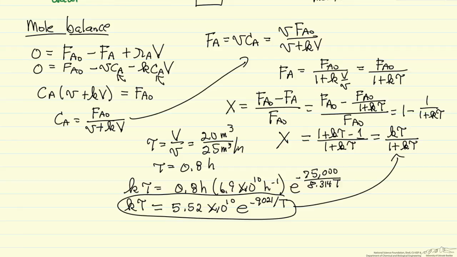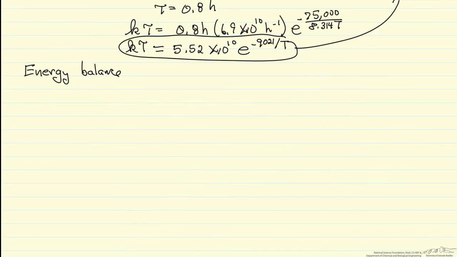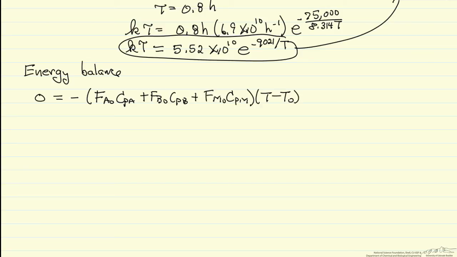So now I need to solve the energy balance. I'm going to write the steady state energy balance. Steady state, so there's no accumulation term. There's a term due to the fact we're flowing A, B, and M into the reactor. So flow rate of A times the heat capacity of A, and then likewise for B, and then likewise for the inert M, heat capacity of M. We could look at this term as the energy to heat up the feed.